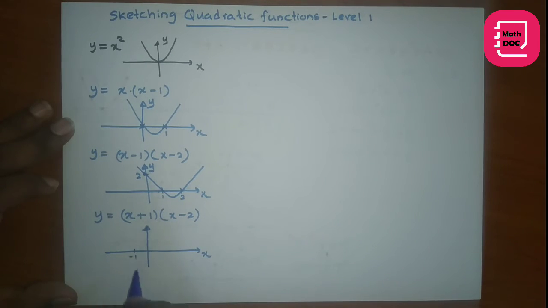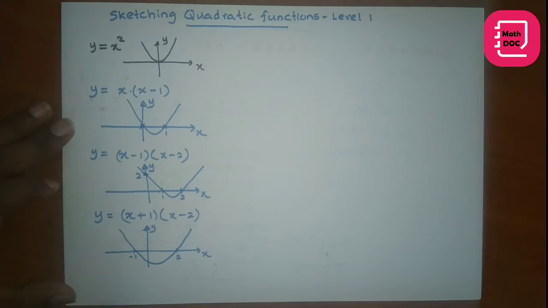Here this factor gets 0 at 2, put it here. Then surely the function passes through those 2 points, and check the leading term. Leading term means the maximum power term. The sign is positive. Then it has minimum shape. That is the function.